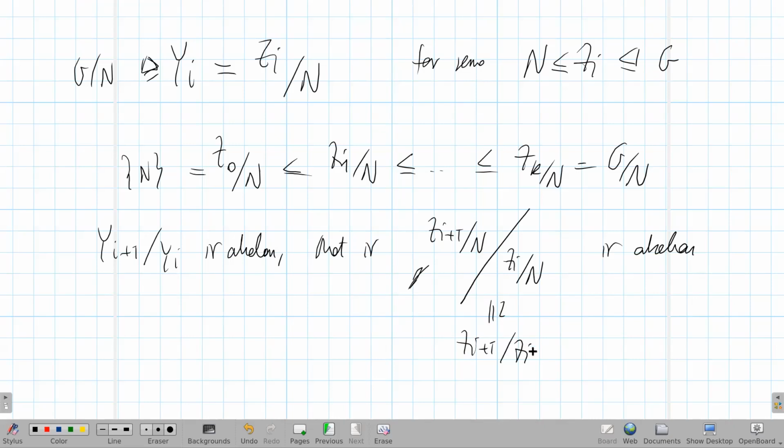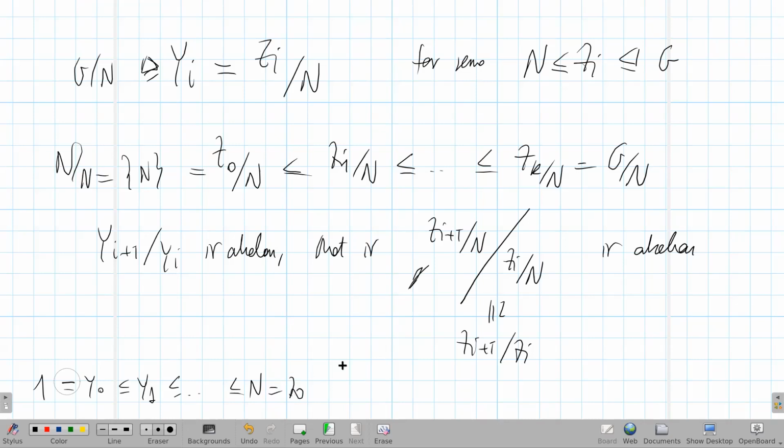So look what we've done. We start from 1, which is Y0, containing Y1, and so on until we get to N. Note that Z0 is equal to N, because this is N over N.